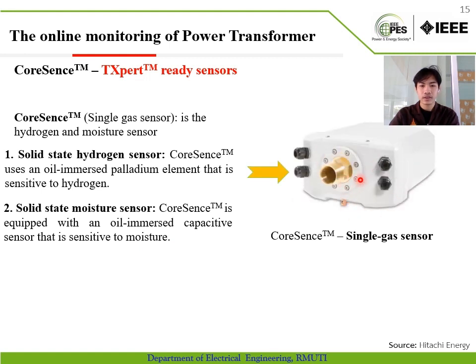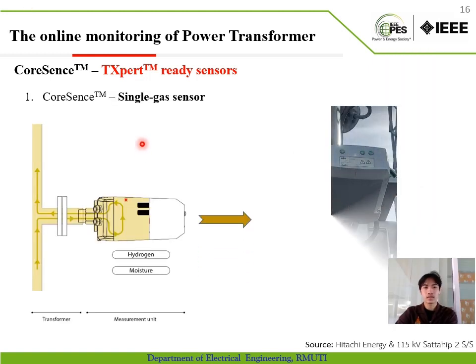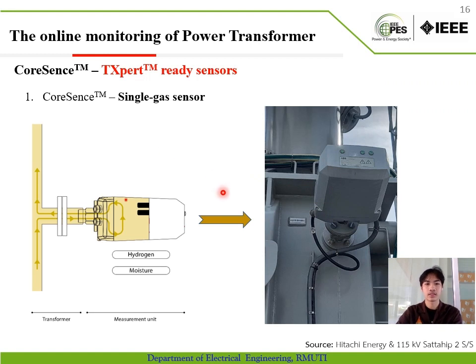And this is the effect of the Constant single gas sensor, and it provides hydrogen and moisture concentration in percent or parts per million, ppm. And this is the location of the Constant TM single gas sensor installed on the power transformer to allow hydrogen and moisture percent to go to the user interface of Contact Fault.